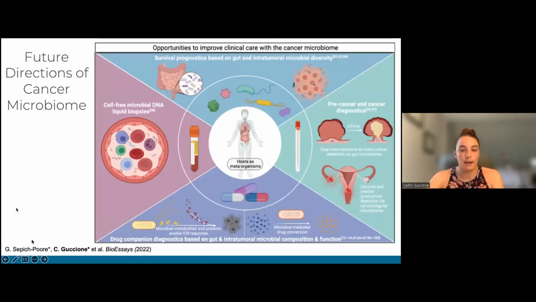To wrap up this summary section, I wanted to briefly talk about the future directions of the cancer microbiome. Greg and I wrote this review paper that talks about opportunities to improve clinical care, and I wanted to highlight a couple of them here. At the top, we have survival prognostics based on gut and intratumoral microbial diversity.